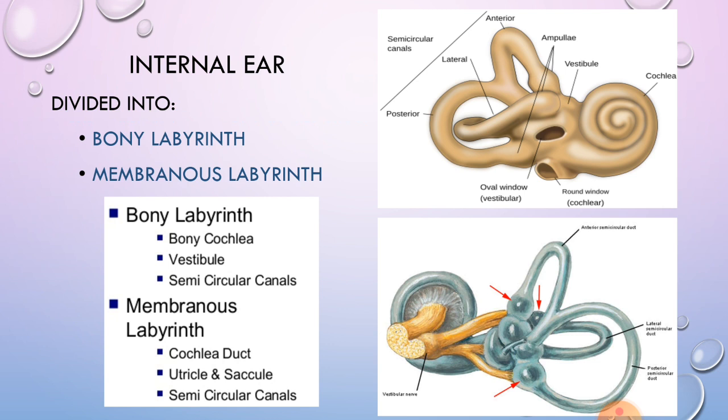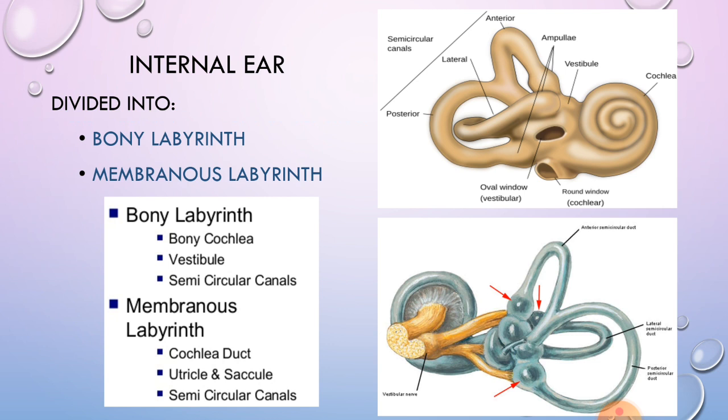Now, as we have already discussed, the internal ear labyrinth is divided into two. Number one, the bony labyrinth, which is shown in the above diagram, and number two, the membranous labyrinth, which is shown in the diagram below, that is the blue colored ducts and sacs.